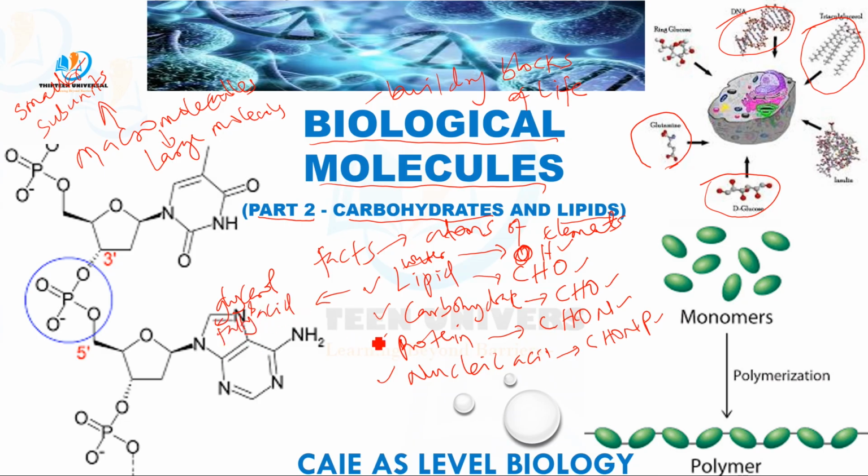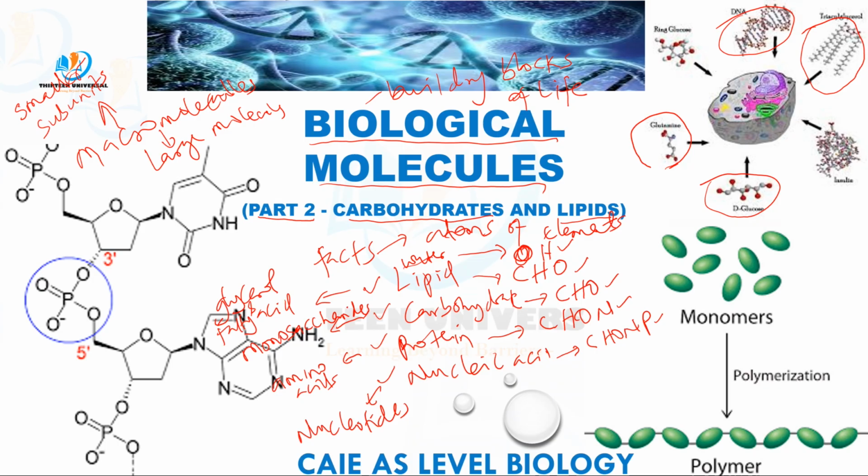Carbohydrate is made up of monosaccharides. Protein is made up of amino acids, and nucleic acid is made up of nucleotides. Very important. So they are made up of small subunits.